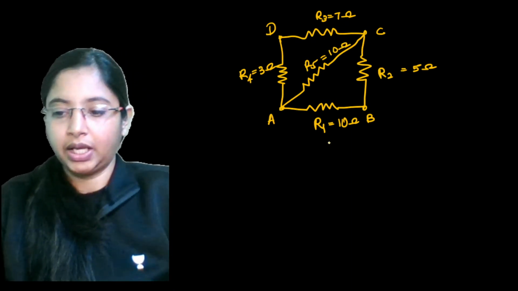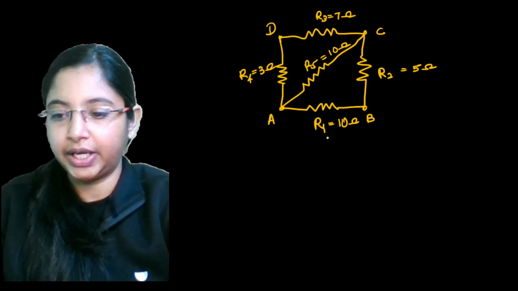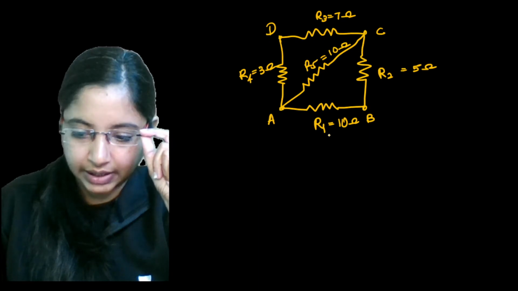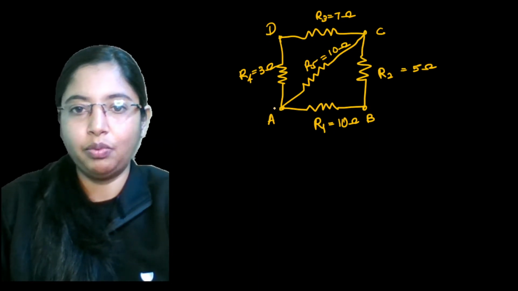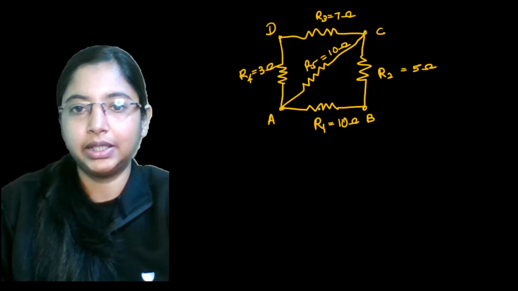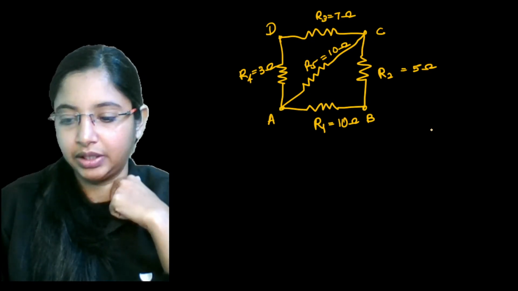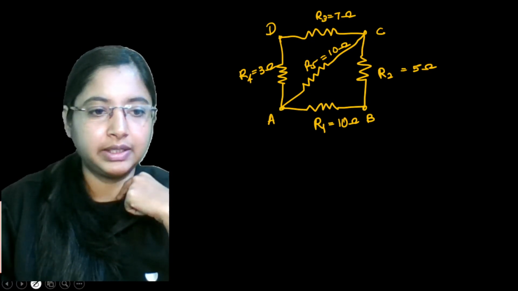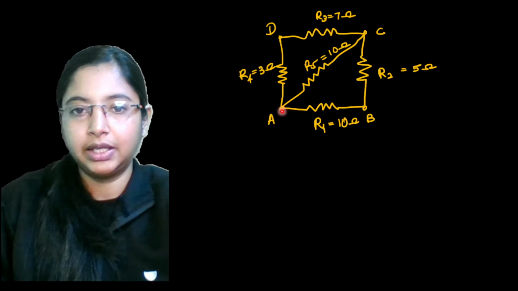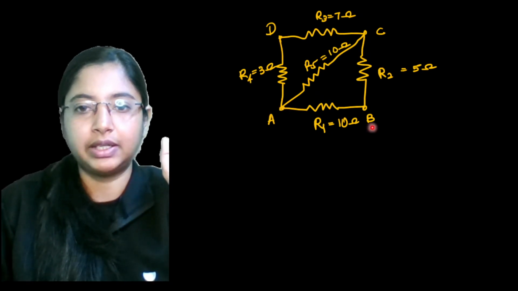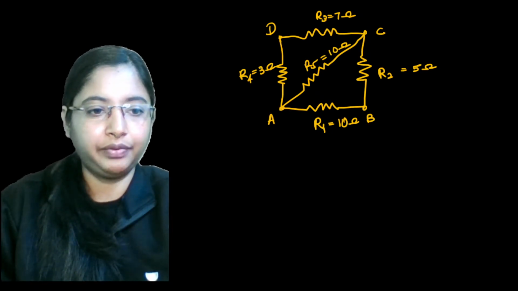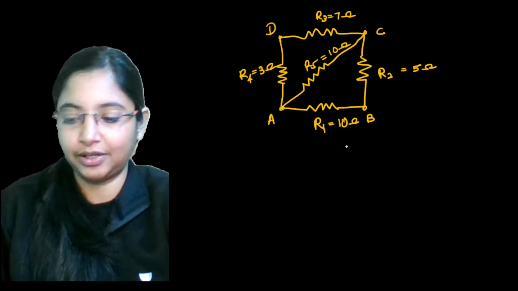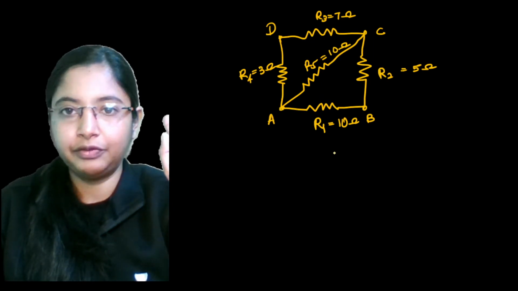Now, if you want to find the resistance value in all of these cases, especially the resistance across this part A to B, what is the resistance across AB? To do that, we have to replace all of these resistor values. So let's start from the beginning.